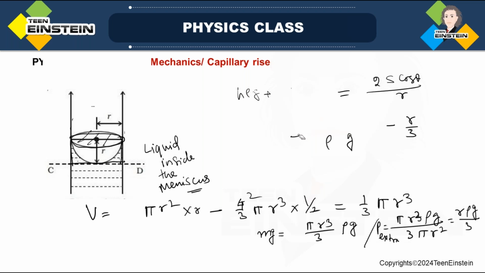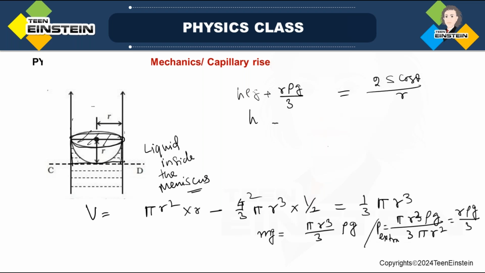What is the extra pressure we are getting due to this liquid inside the meniscus? We have got rho r g by 3.